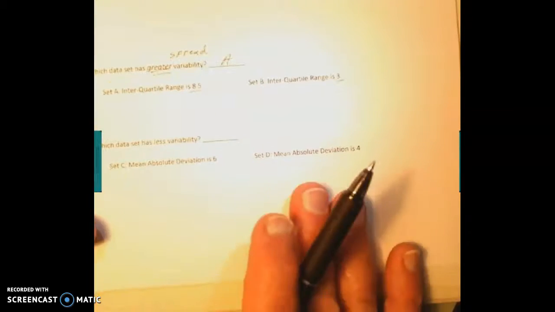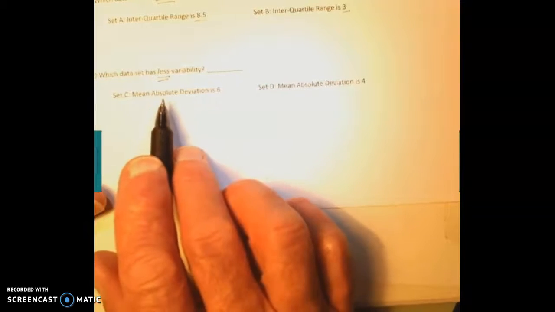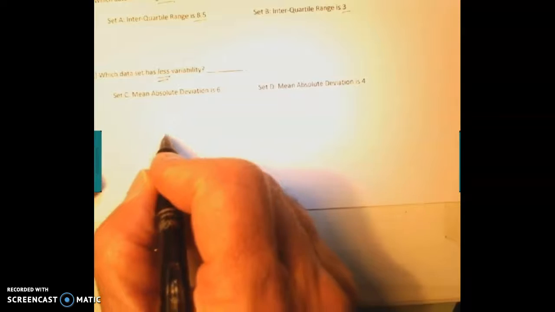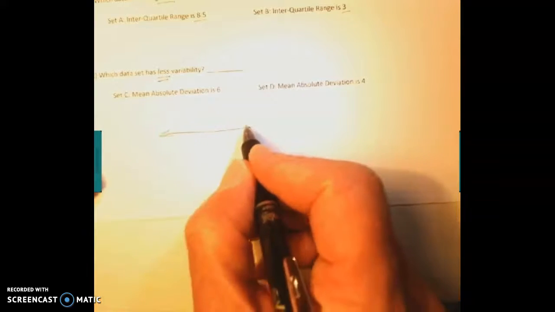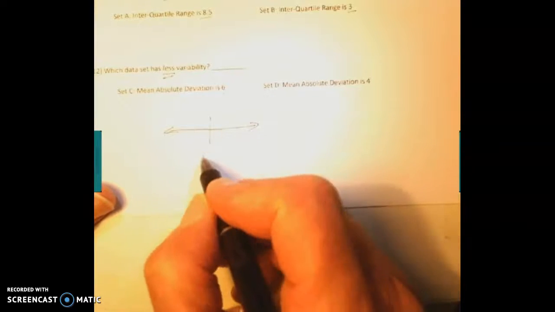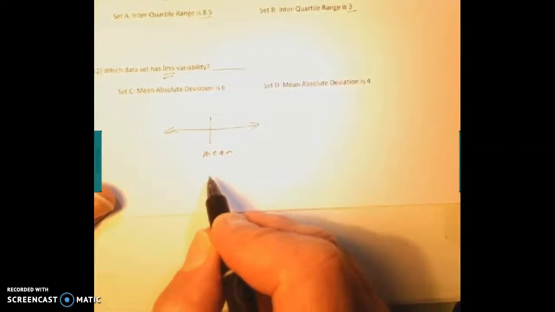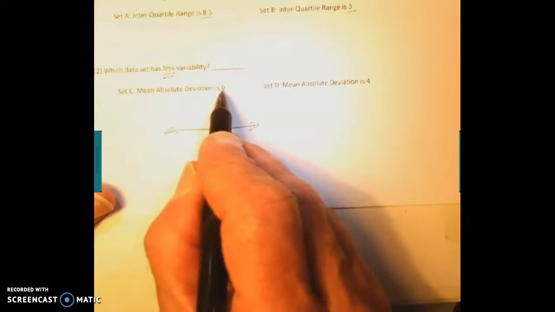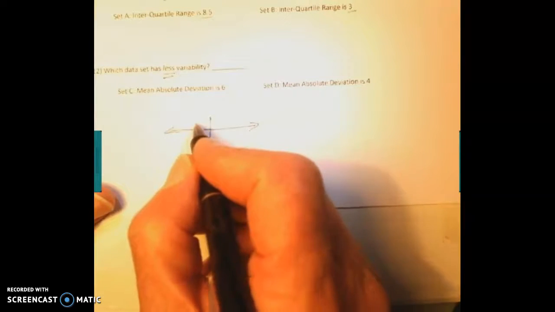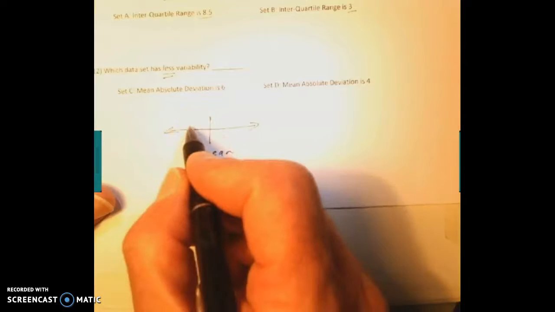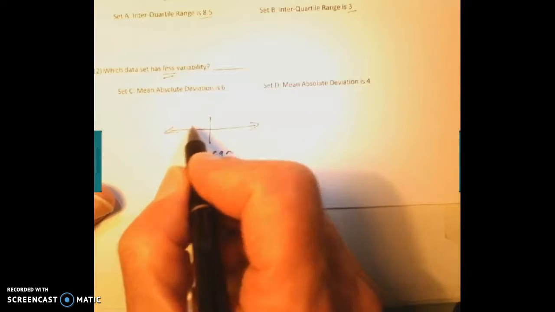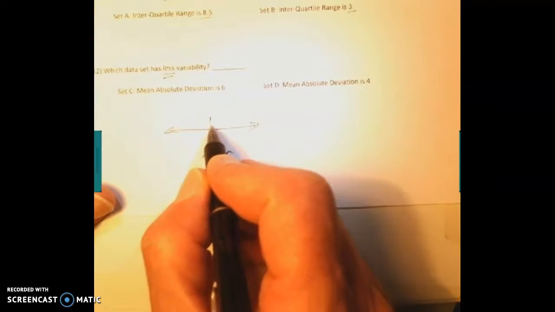And be careful of which word we're using here, because now on number 12, which data set has less variability, which data set is less spread out. The MAD, again, would be if you have your data set, if this is the mean or the average, the MAD would be if the data points were all averaged out, how far away from the mean would they be?